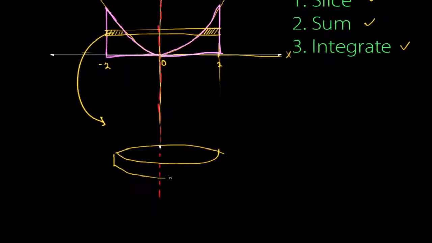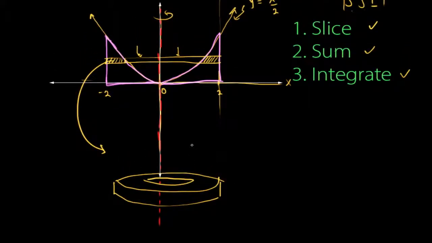So this is my slice here that is being rotated, and you observe that there is an empty region here. The empty region here and here is the hole. So there's just going to be a hole in this cylinder. Now the thing is, how then do I find the outer radius and the inner radius?